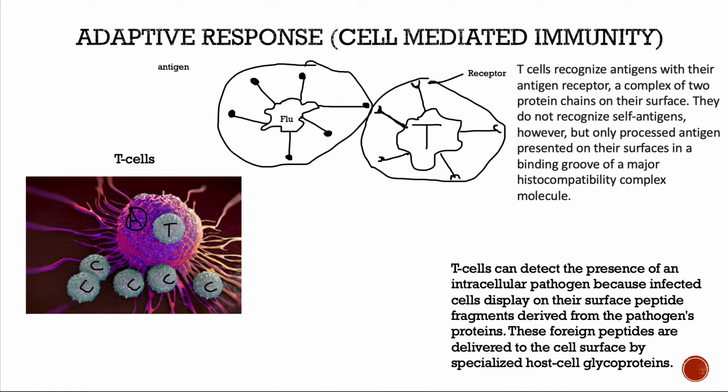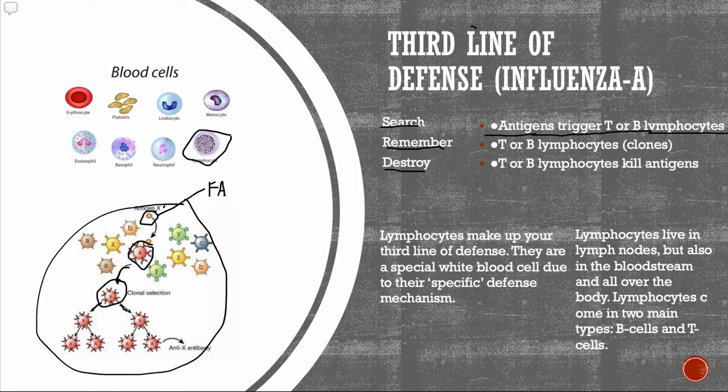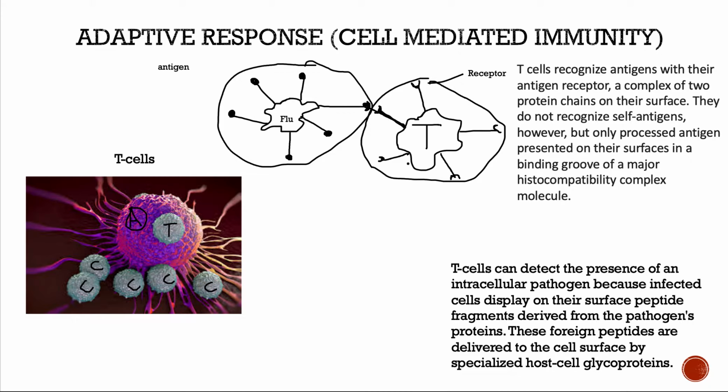So this will be matching up with the shape, and once that is made of the shape, as we go back here, it'll remember, it'll clone it, and it will destroy it. So that will be the process of it.